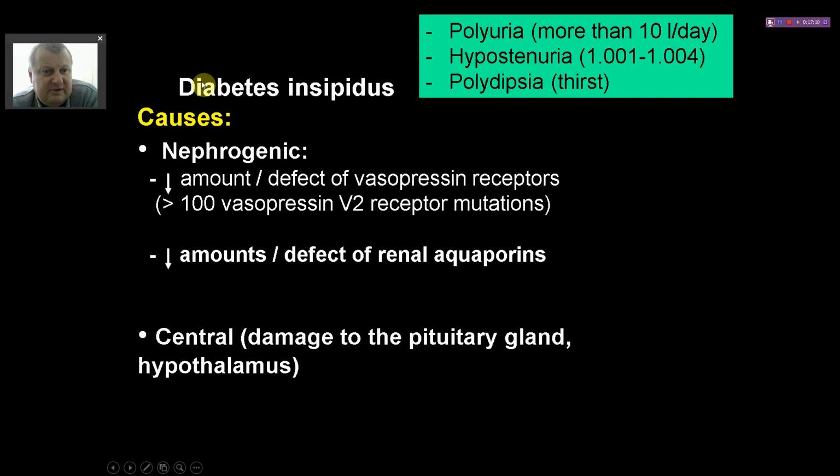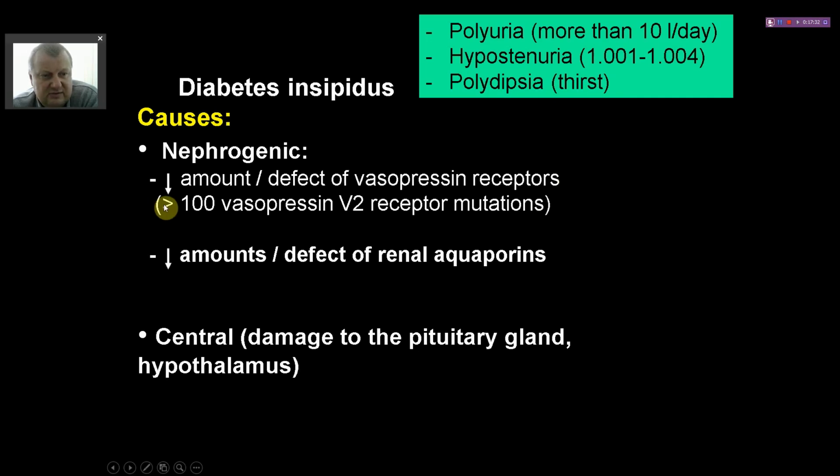And some words about diabetes insipidus. Causes: it could be caused by nephrogenic reasons and a central problem. Nephrogenic could be caused by a decreased amount or defect of vasopressin receptors.